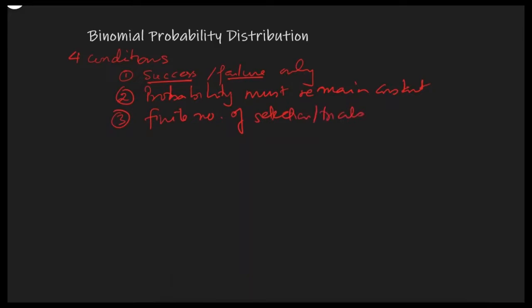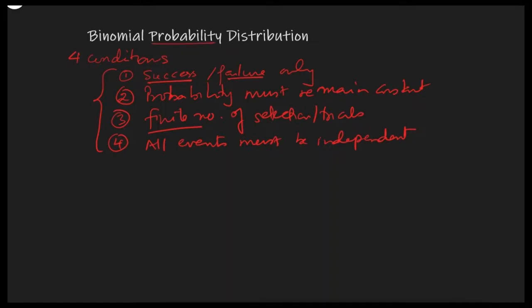So 6 trials, 10 trials, 15 trials, fixed. And number 4, all trials or all events must be independent. These are the 4 conditions. If your question fulfills these 4 conditions, you can apply binomial probability distribution.